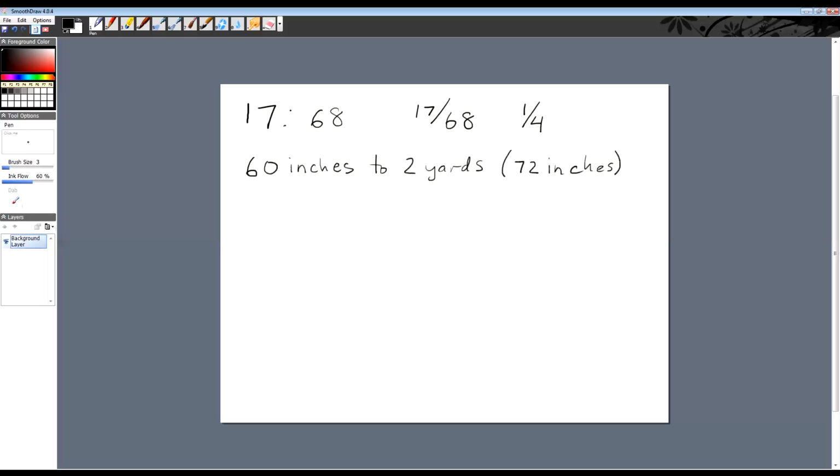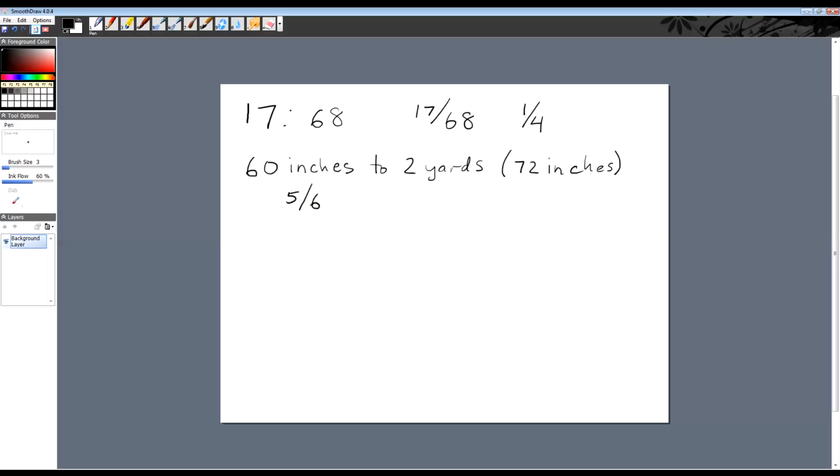So 60 inches to 72 inches: 12 goes into 60 5 times, and 12 goes into 72 6 times. So the lowest terms of this ratio are 5 to 6.